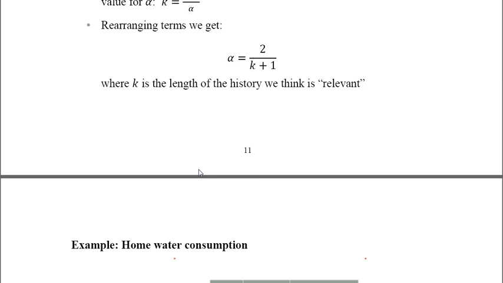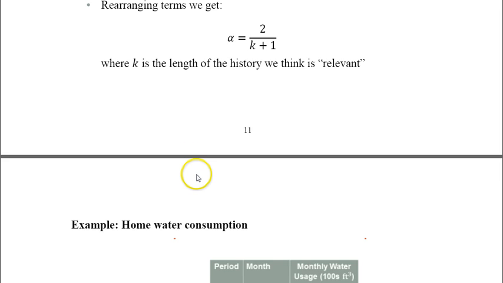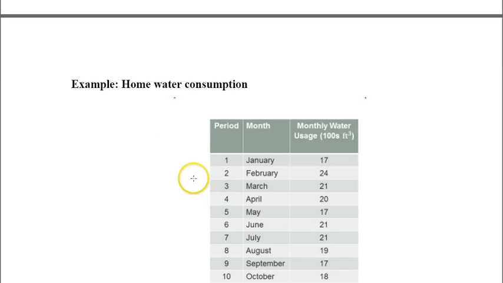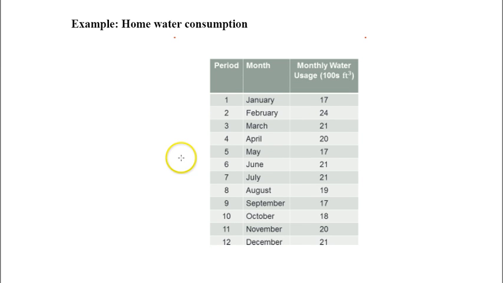So there are other models for stationary data, but these are the ones we're going to focus on. And here's an example that I'm going to go over. It's called home water consumption. We're going to measure home water usage. We have data on the last 12 months of water consumption, period 1 all the way to 12, the months January, February, all the way to December.